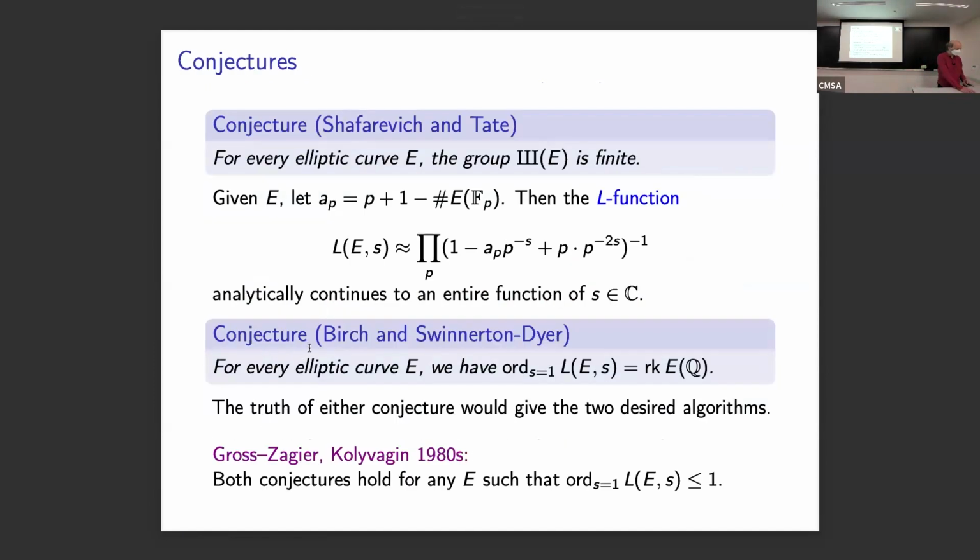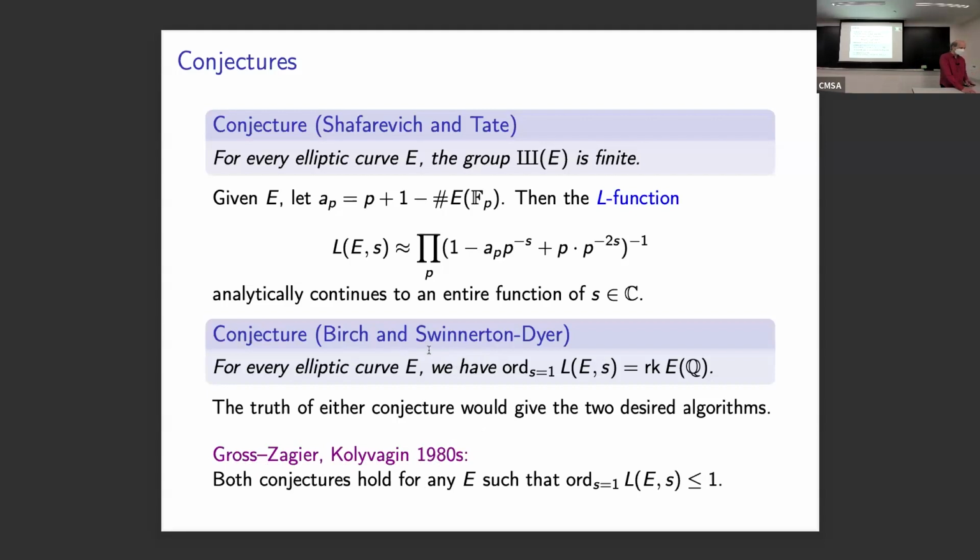Maybe one last thing I'll say about the Birch-Swinnerton-Dyer conjecture. There are some cases of it where it's known, and likewise there are some cases of this that are known, for example from the work of Gross and Zagier and Kolyvagin in the 1980s. Well, strictly speaking, you also need the proof of the modularity of elliptic curves, which was done in the 90s and so on. But once you put all that together, then you know that these conjectures hold.